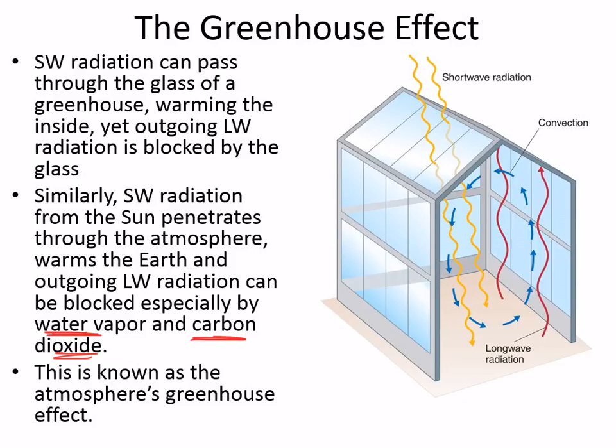Basically they are transparent, or they allow short wave energies to come through, including visible light, but the heat or infrared radiation that the Earth wants to ooze back out, they reflect back towards the Earth. So those gases act as glass, kind of in a greenhouse effect.